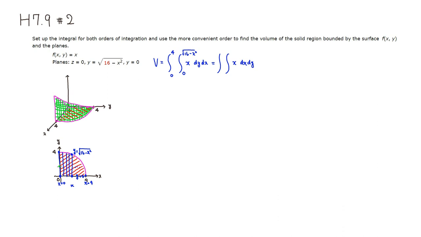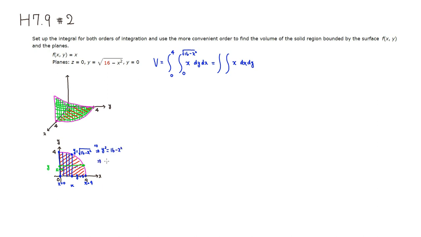Fix the y value. You can see that x equals 0 is the starting point, and it ends at the circle. I have to rewrite the equation of the circle. Square both sides: y squared is equal to 16 minus x squared.